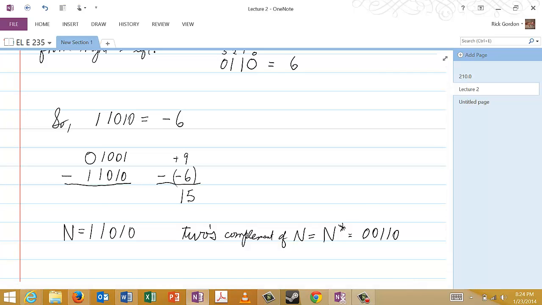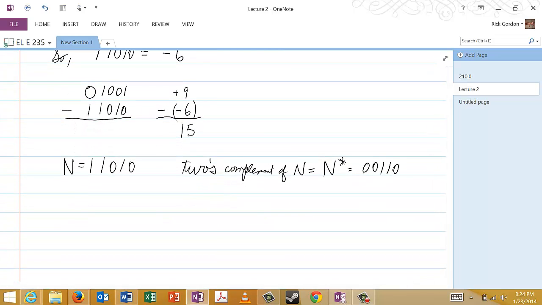And so now the final step in our reasoning is the following. Remember, this number right here is the 2's complement of the number that we are subtracting, which means it's the negative of that number. And so our reasoning is this: subtracting a number is the same as adding its negative.